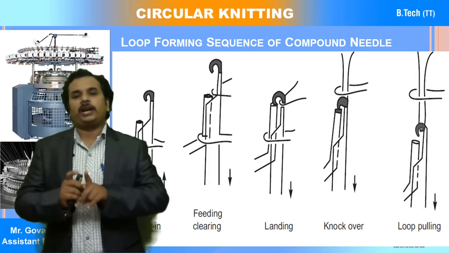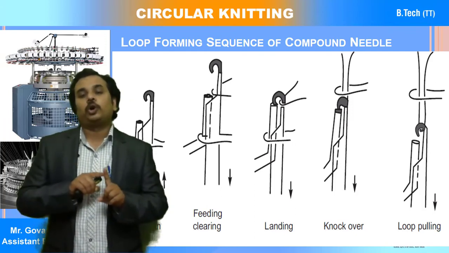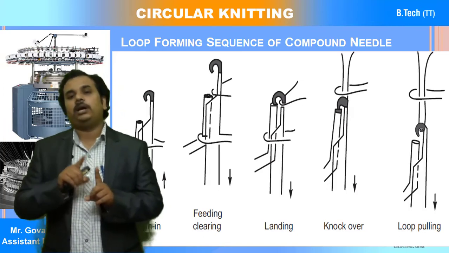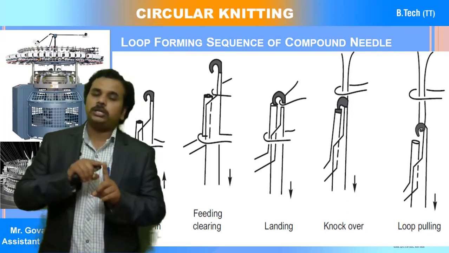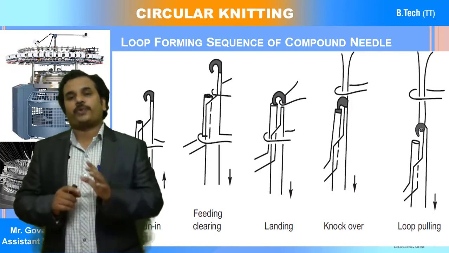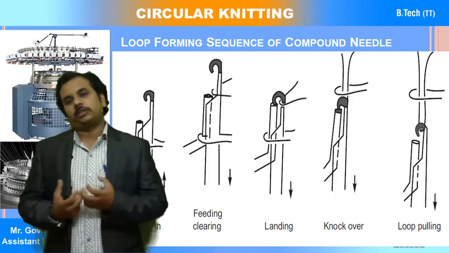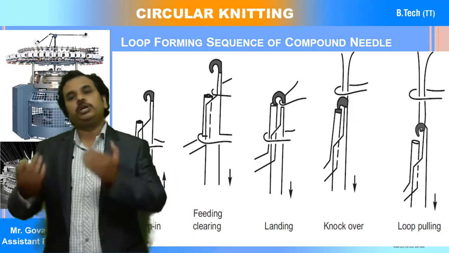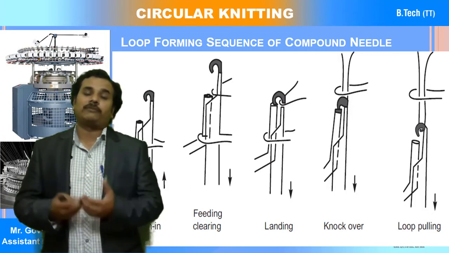Now the newly fed yarn is trapped between the closing element and the hook part of the needle. After trapping it, both the needle hook and the closing element are lowered down, and that is called the process of knocking over.